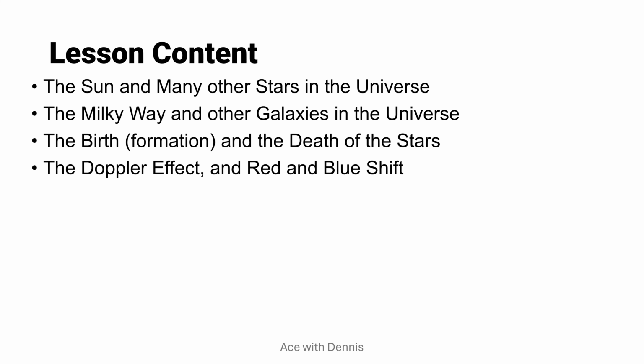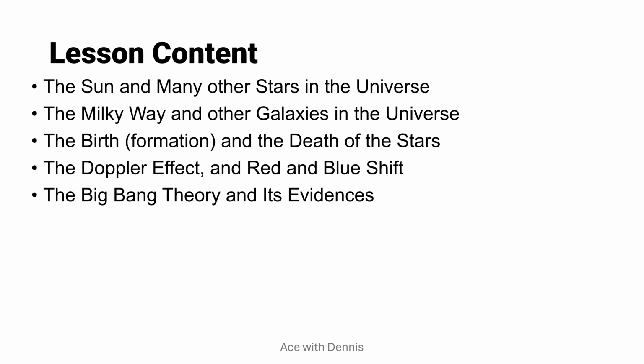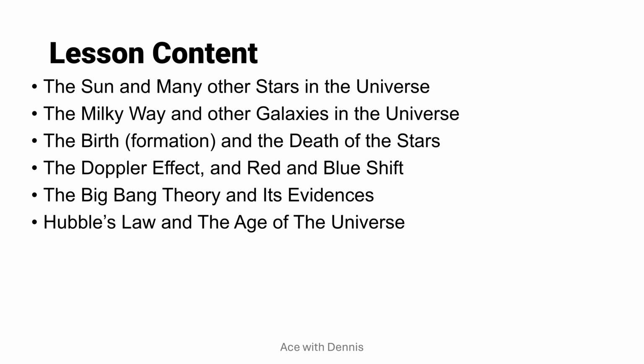Next, we'll learn the Doppler effect, which will bring us to the red and blue shift. Then we also will learn the Big Bang theory and its evidences. Finally, we'll learn Hubble's law, which can tell us the age of the universe. So stay tuned in this lesson.